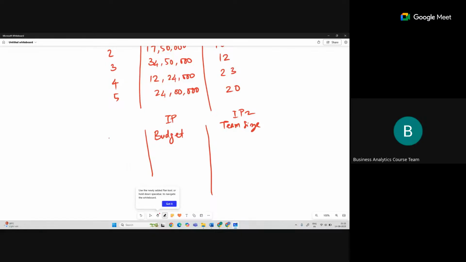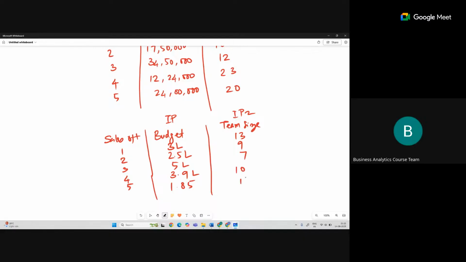Sales office 1, 2, 3, 4, and 5. So 3 lakhs, 2.5 lakhs, 5 lakhs, 3.9 lakhs, 1.85 lakhs. Next is 13, 9, 7, 10, and 14.